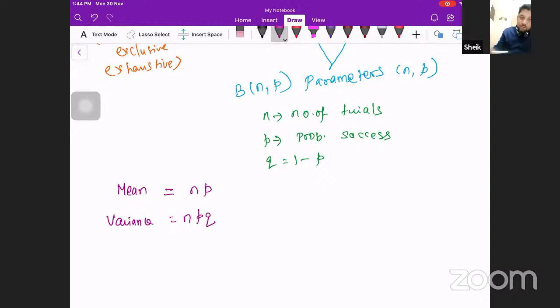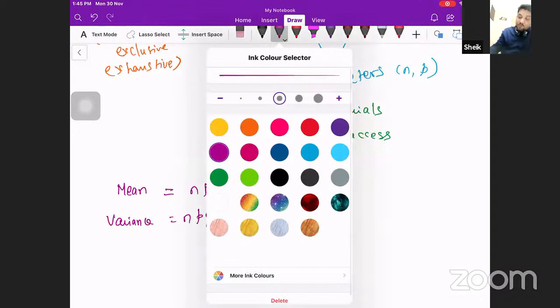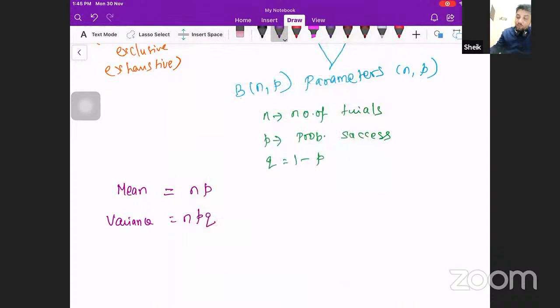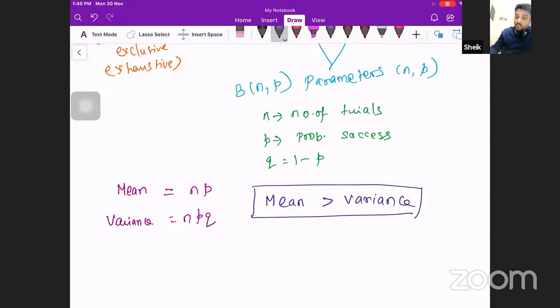One question is repeatedly asked: in which distribution is the mean greater than the variance? In the binomial distribution, the mean is always greater than the variance.